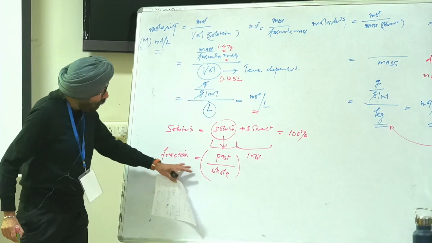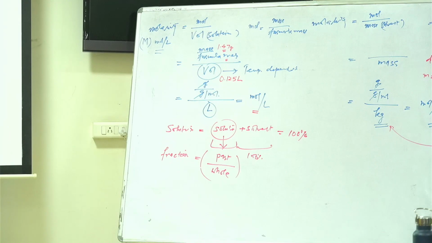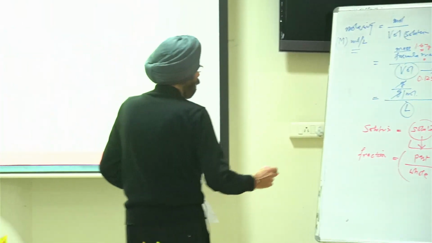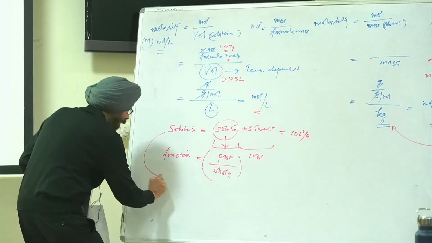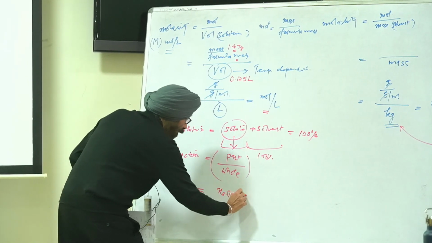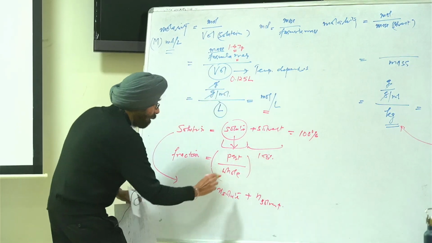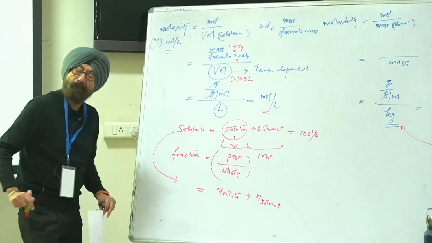Now we have to apply this general definition to the mole fraction. It means that instead of the percentage, if I take moles of solute plus moles of solvent, the same formula I'm going to apply.